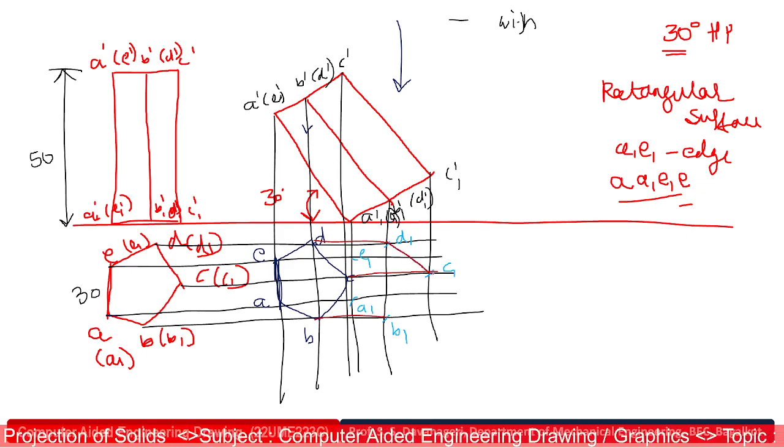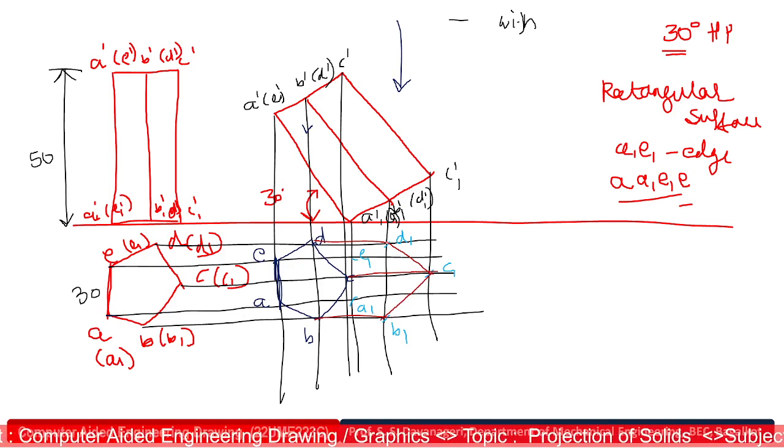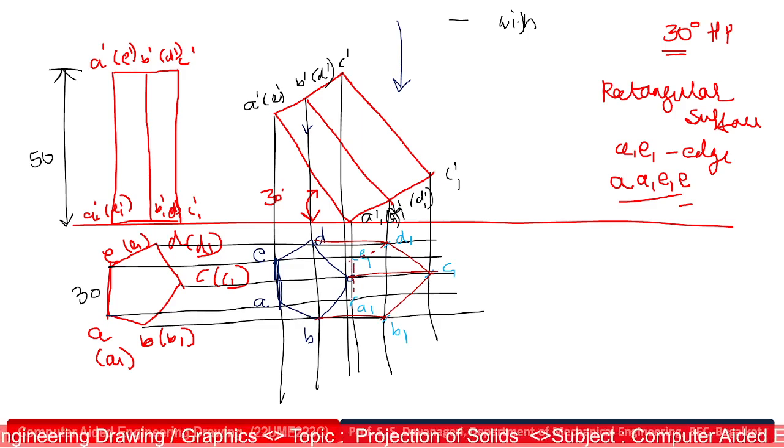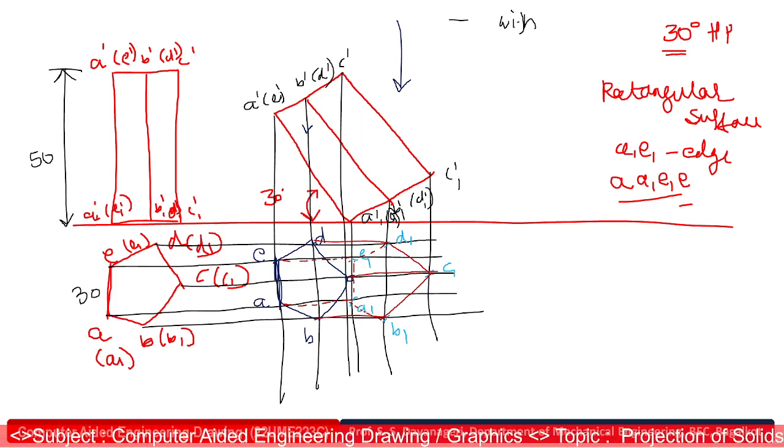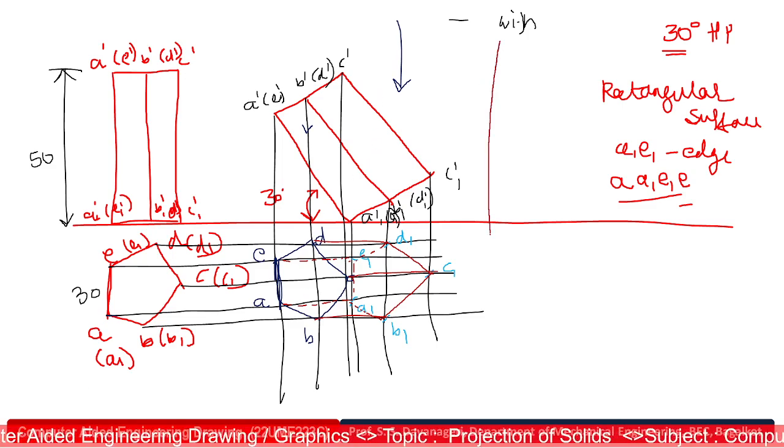So the base edges C1 D1 and B1 C1 are visible. E1 D1 is not visible, E1 A1 is not visible, similarly A1 B1 is not visible. Now the rectangular surface A A1 E1 is hidden here.